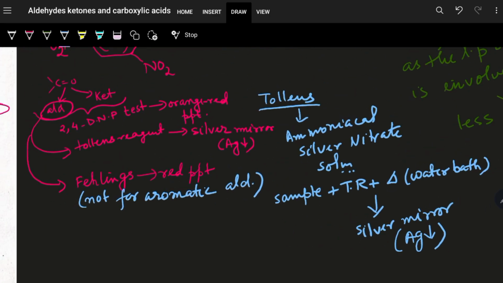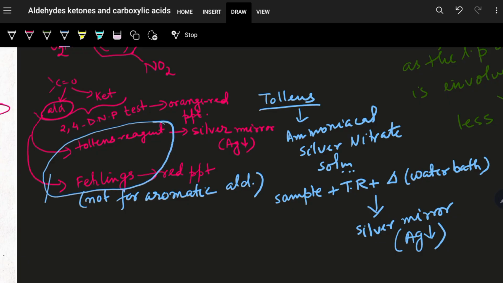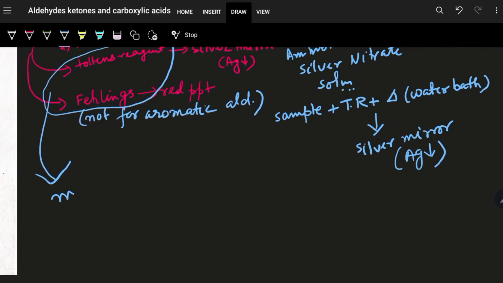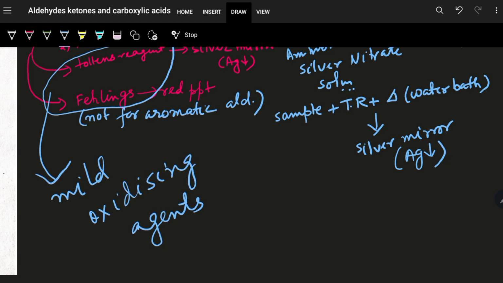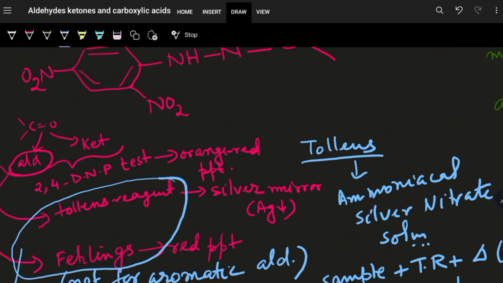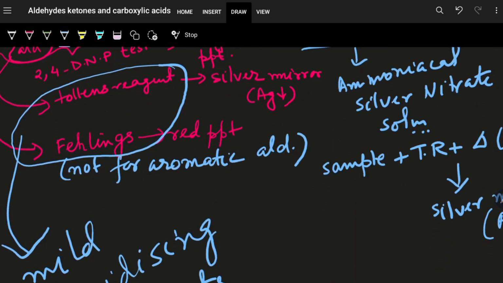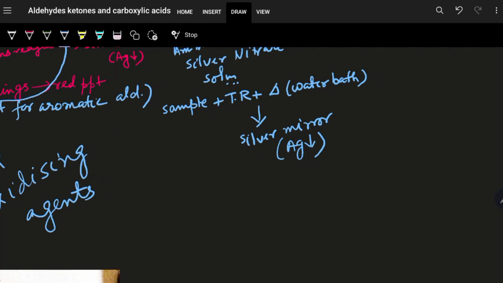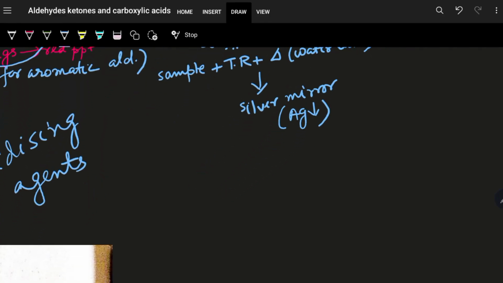Now remember one more thing, that Tollens reagent and Fehling solution are all mild oxidizing agents, and for that reason ketone does not respond to Tollens and Fehling. Now the question arises, how are we supposed to prepare Fehling solution?